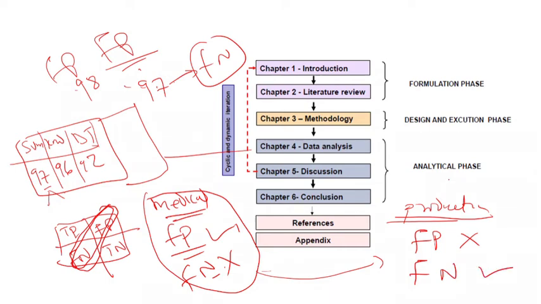For example, when a production company uses machine learning to check the product for quality control, if the machine learning says it is good, meanwhile it is not good, that is called a false positive. This is a mistake. We can manage it in medicine. We cannot manage it in industry.